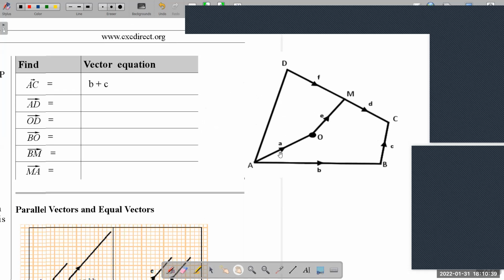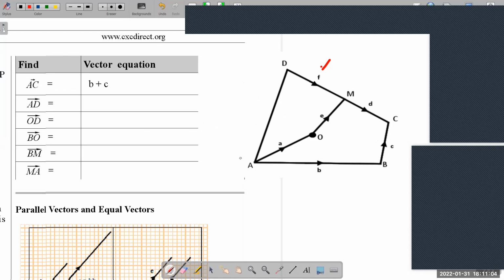Remember what indicates a vector? A line with an arrow. It always has a beginning point and an end point. They gave us the vector representation AC, and you have to use the common letters to dictate how you're going to move from one point to the next. So let's look at how they got from A to C.